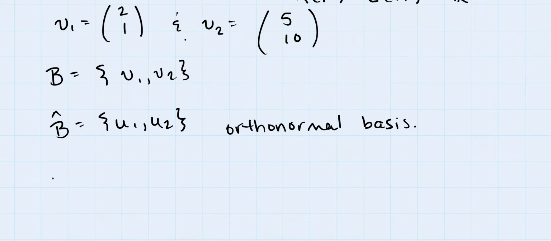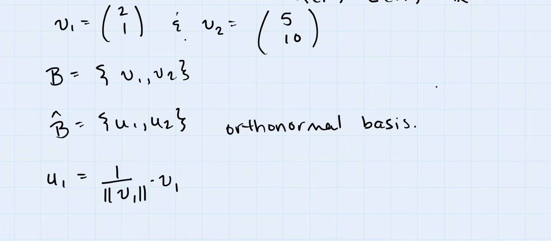Recall that the first one is really easy to figure out. U1 is just 1 over the length of V1 times V1. And by the way, if I do not tell you what the inner product is on the space, or the book doesn't give you a definition, then you assume that the inner product is the standard inner product.